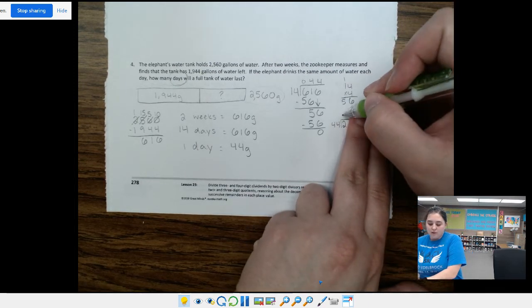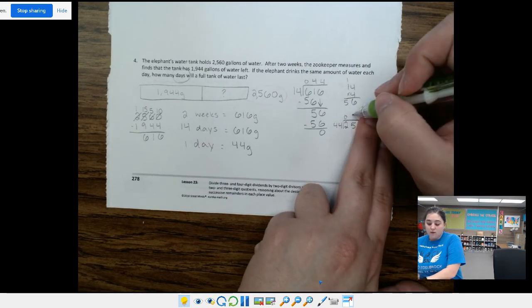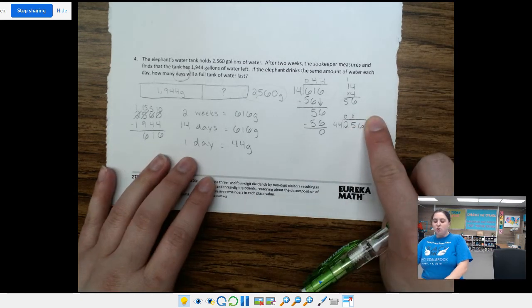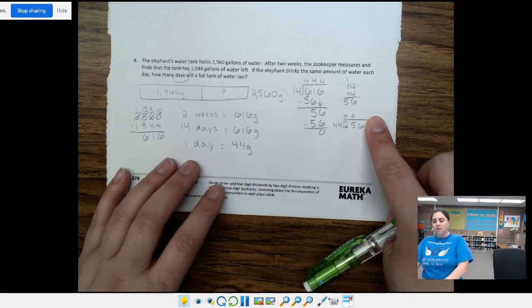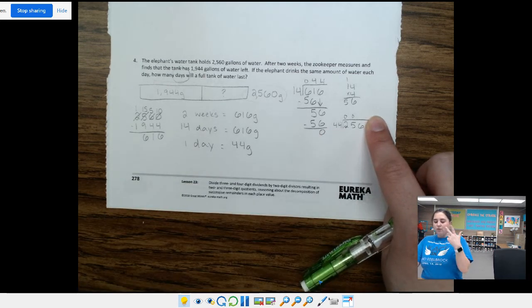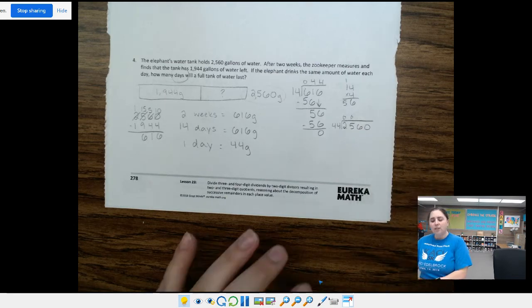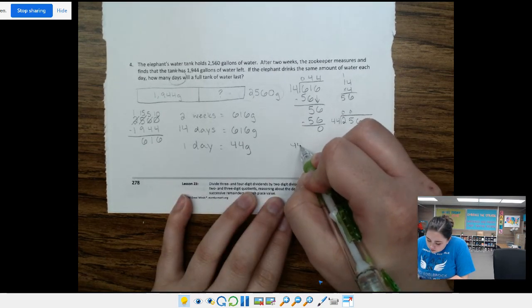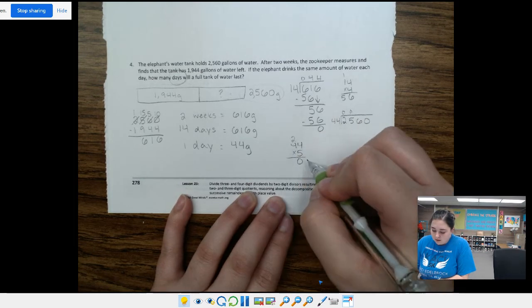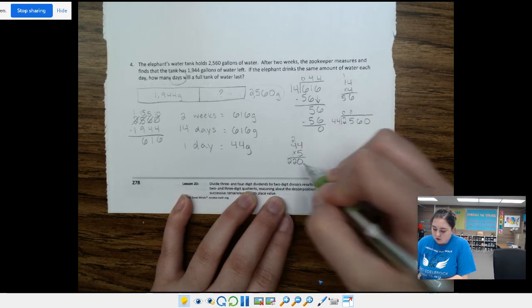44 can't go into 2, can't go into 25. How many times do I think it could go into 256? It's kind of close to 50. So I'm going to say 50, 100, 150, 200, 250. Let's try 5 times. What is 44 times 5? 20. 20 plus 2, 22.